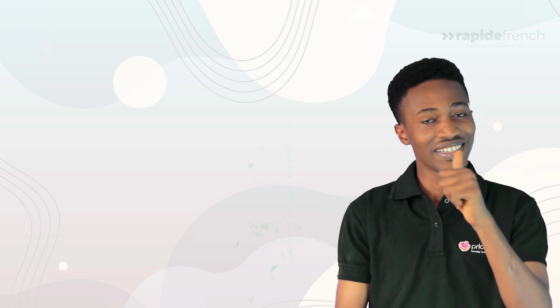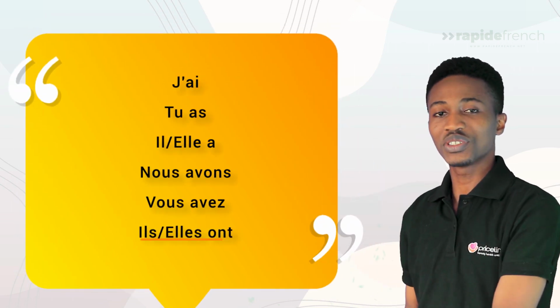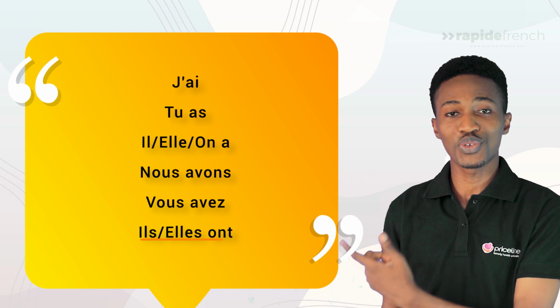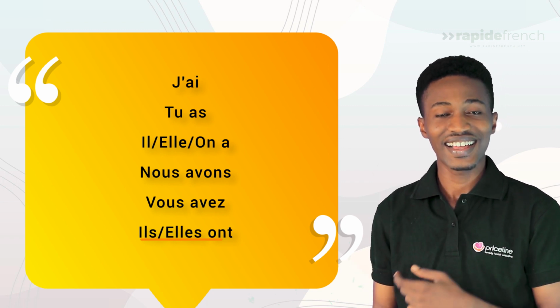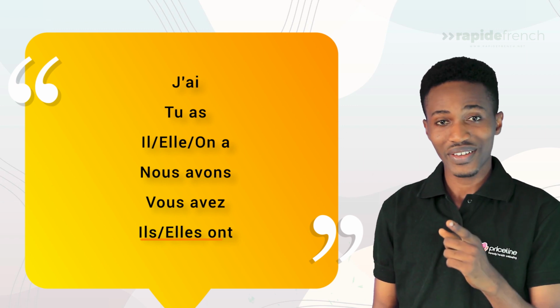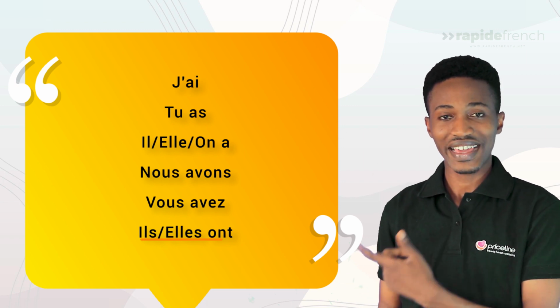Okay, so the first thing you need to do is to learn how to conjugate avoir in present tense. Can we review that quickly? Super. So this is how you conjugate avoir in present tense. You have j'ai, tu as, il a, elle a, nous avons, vous avez, ils ont, elles ont.